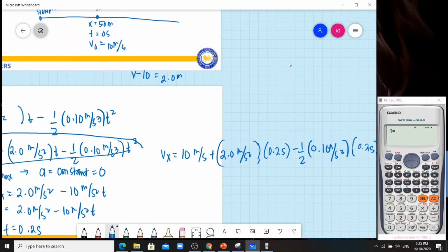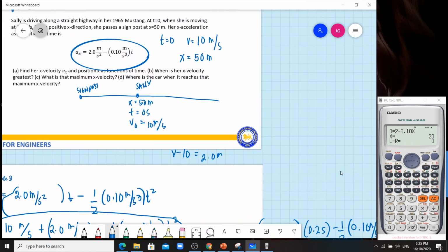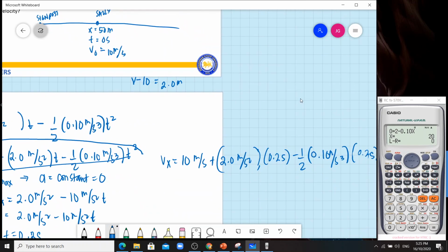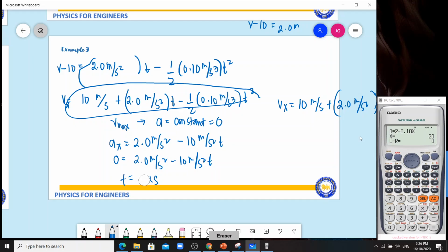Okay. So, check lang natin, double check natin. 2 minus 0.10 alpha x. Shift solve. 20. Tama ba? Okay, 20 pala, sorry. 20 seconds, not 0.2. 20 seconds. So, ang sagot natin dapat sa B is 20 seconds. Ano ba yan?